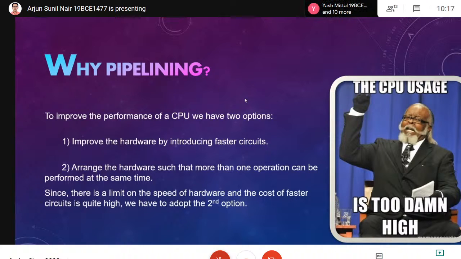Such circuits would be very complicated and very costly. Finance always bounds technology. That's why they went with the second notion, implementing hardware with simultaneous operation of instructions. This is the basic idea of pipelining. We'll go to the next slide.